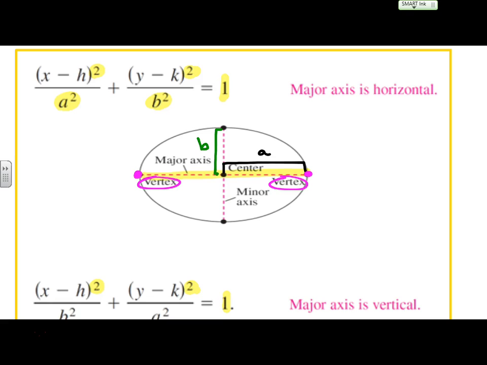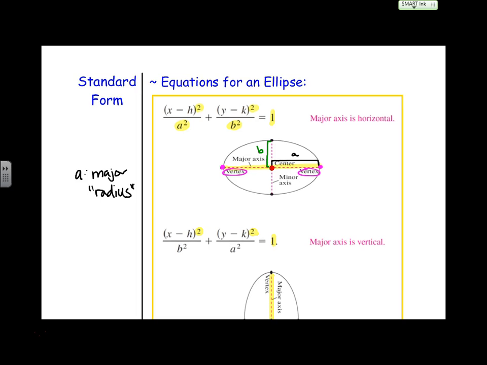And besides that, we have what we have for circles as well as parabolas, the center. So a is our major radius, and b is our minor radius. Once again, I'm putting it in quotes because is it technically a radius if it's not a circle? I've seen some books call it a radius, but other ones don't.